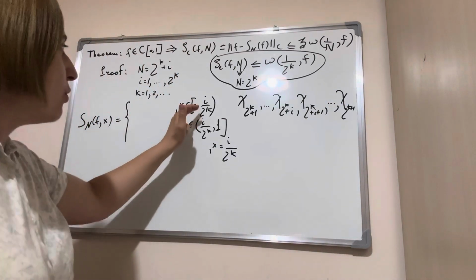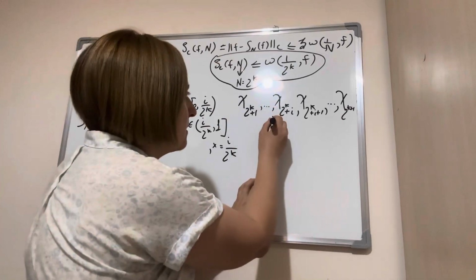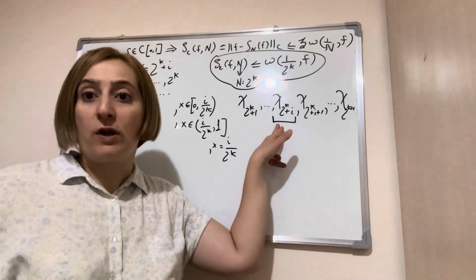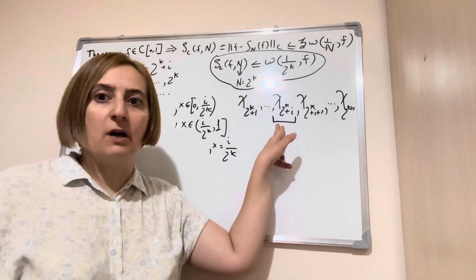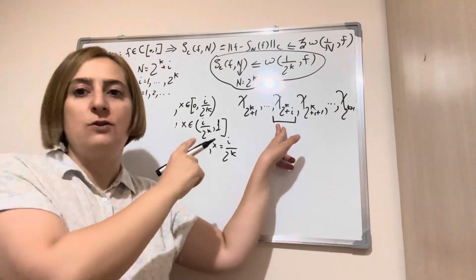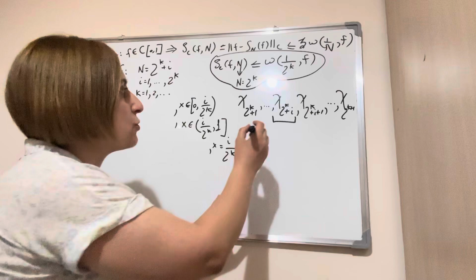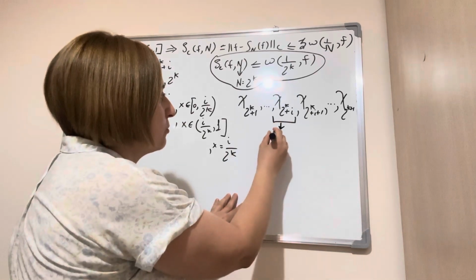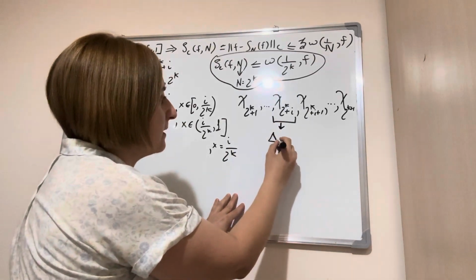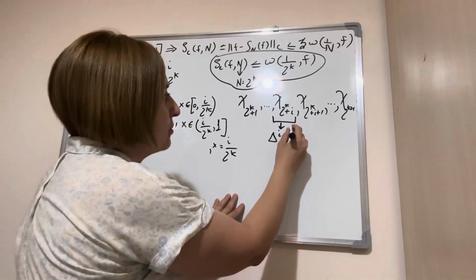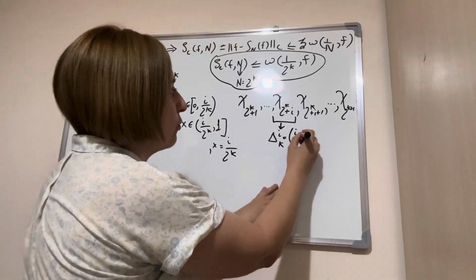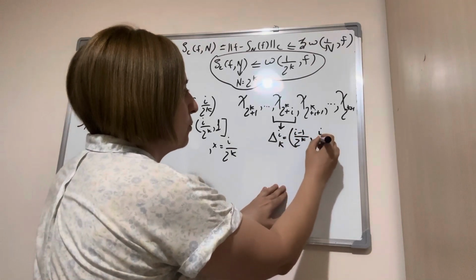So i over 2^k is the right endpoint of the support of the nth Haar function, in our case n is 2^k plus i. What is the support? It is the dyadic interval Delta_k^i, which has the form (i minus 1 over 2^k, i over 2^k).